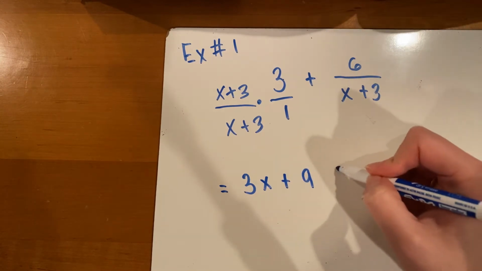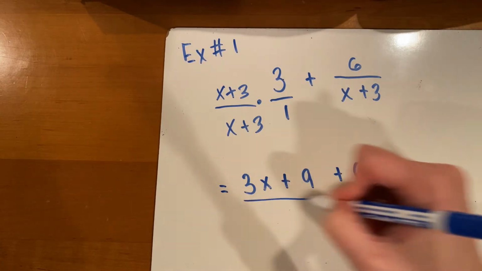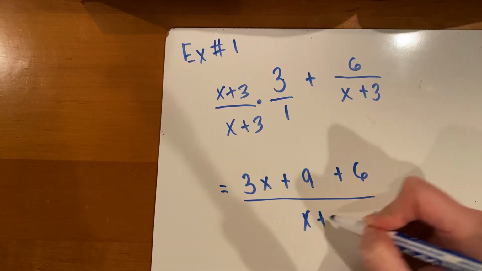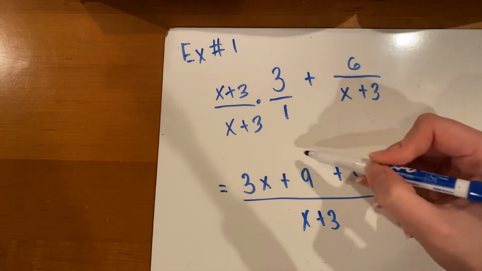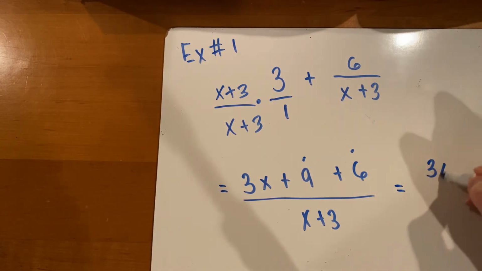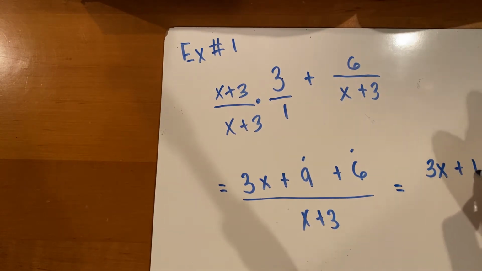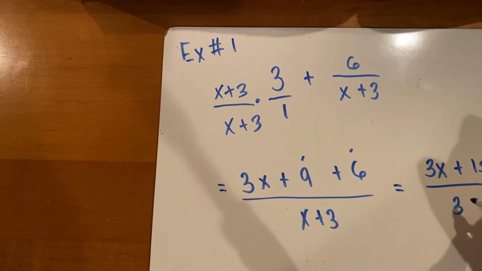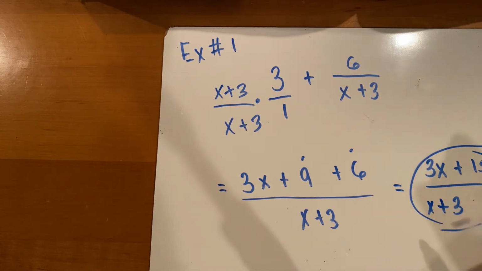Now we can add it to that 6 all over our denominator of x plus 3. Bring your like terms together, and we get 3x plus 15 over x plus 3. And that's our final answer.